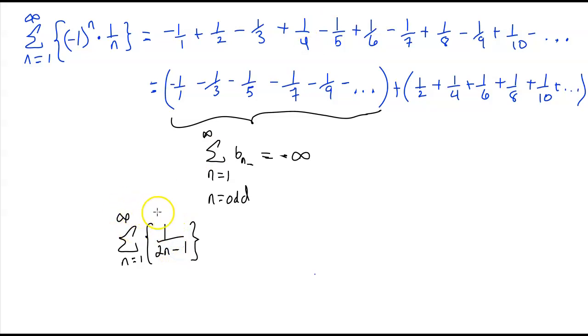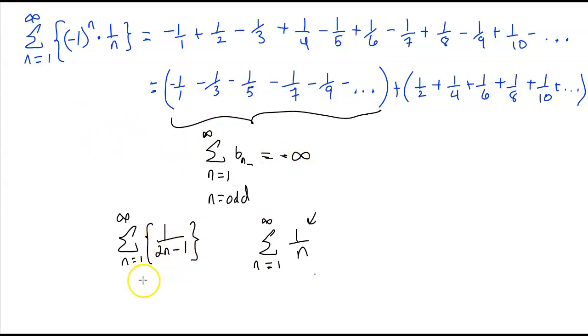So we have something that looks like this, and we can compare that to the series of just 1 over n. And of course, this would be the bigger series out of the two. And we would end up having to do the limit comparison test to be able to figure it out. But essentially, we'll see that this goes to negative infinity and it will diverge.